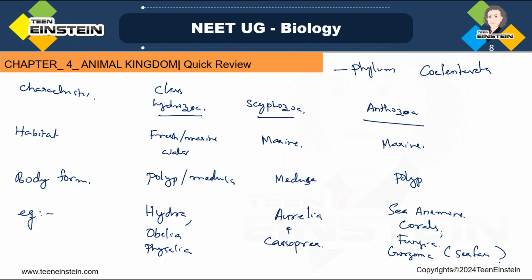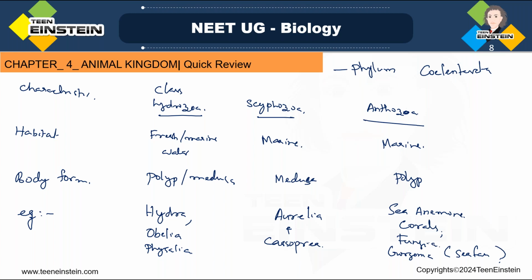Okay, so now we are learning about kingdom Animalia. Under the different phyla, we learned phylum Porifera, its features, and the classes coming under it: Calcarea, Hexactinellida, and Demospongiae.